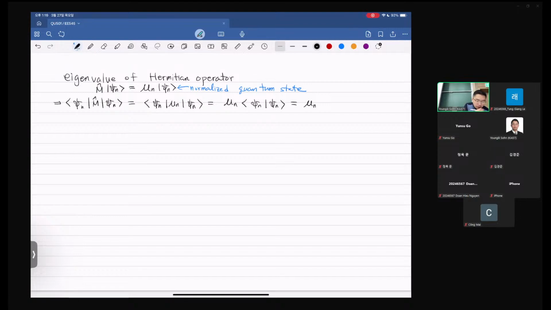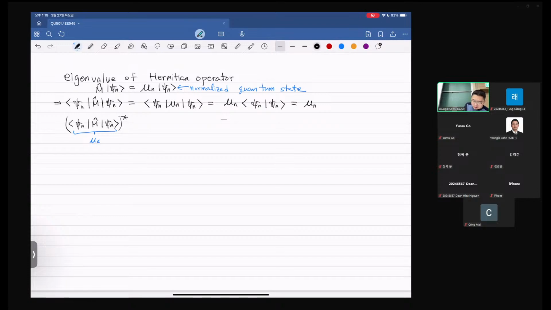And then we'll do the same thing as the previous slide. So for this one, psi n, M, psi n, it gives you this number, which was mu n, right?